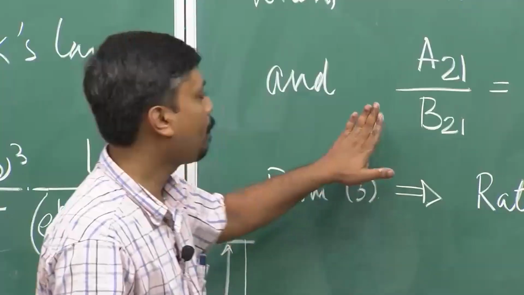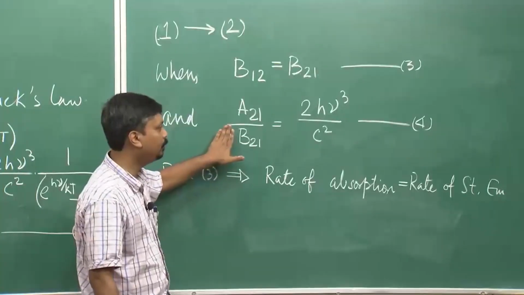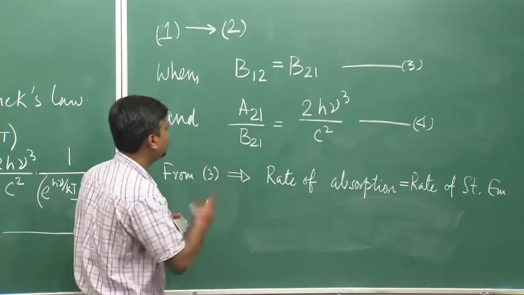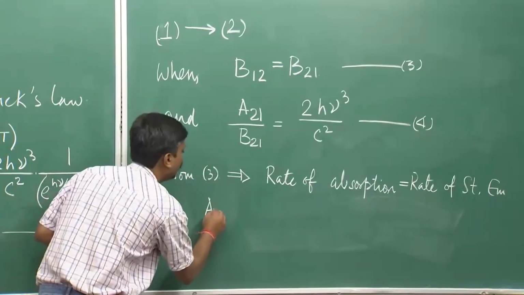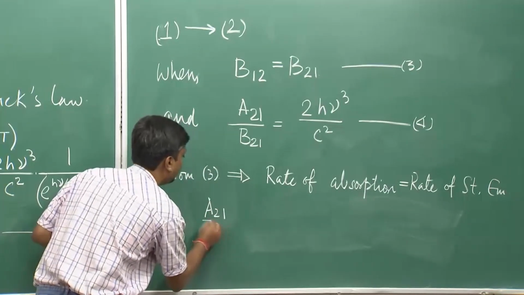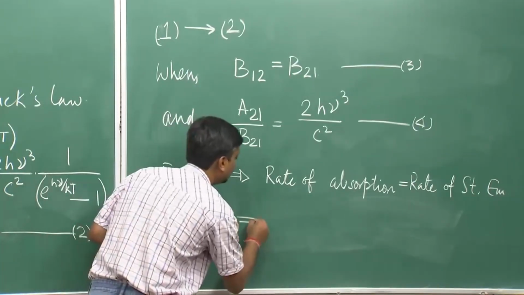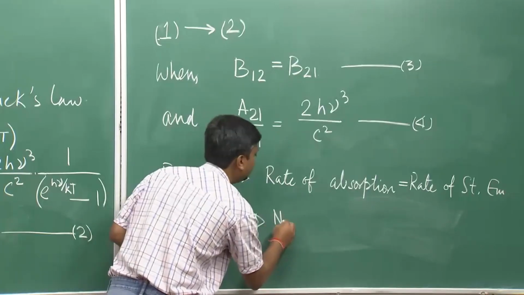So, if I need to really get a laser, this ratio A21 by B21 needs to be minimized.